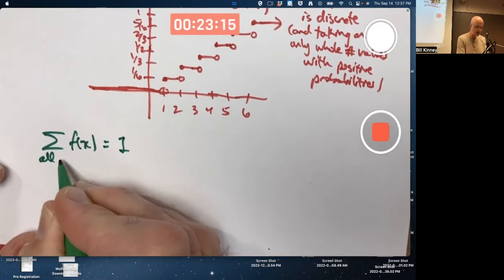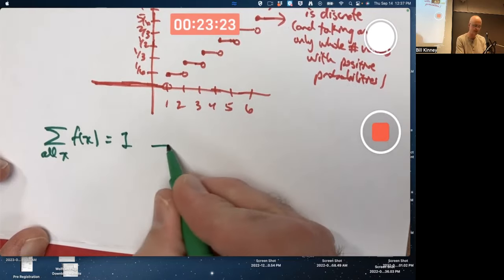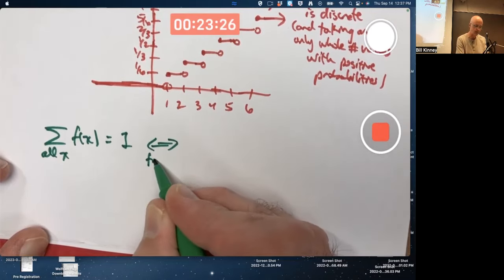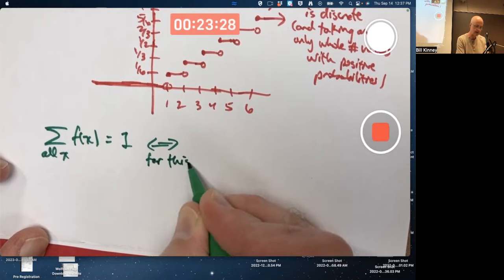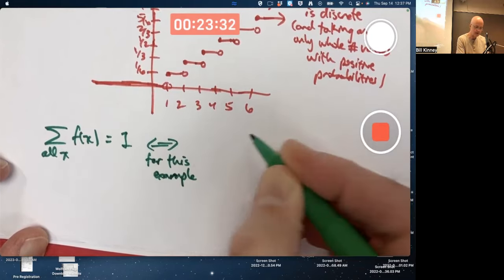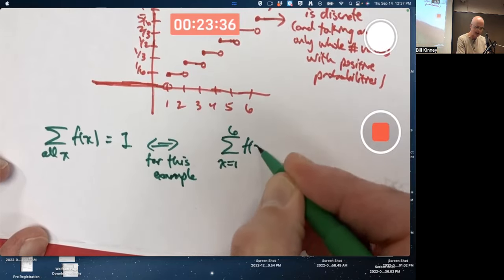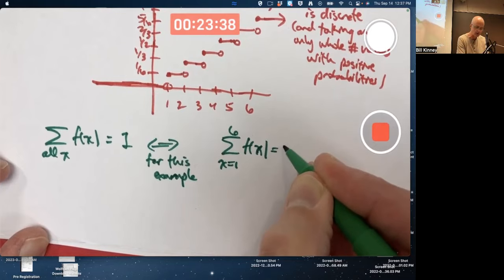I could write in general all x here, though in this example, x really goes from 1 to 6. That's equivalent for this example to writing the sum of the values of little f of x as x varies from 1 to 6 is 1.